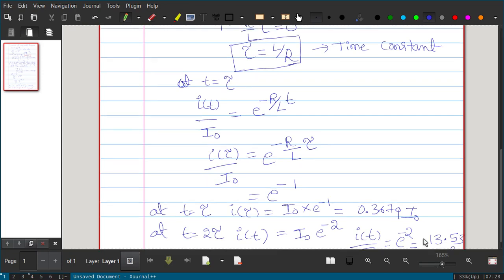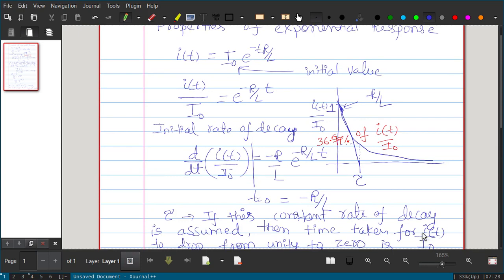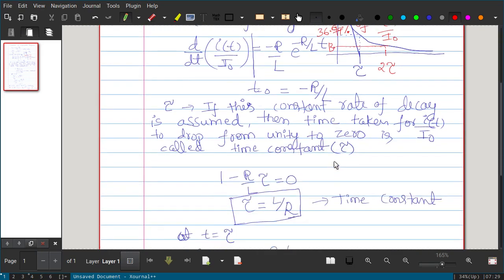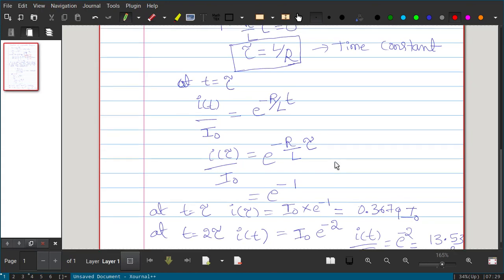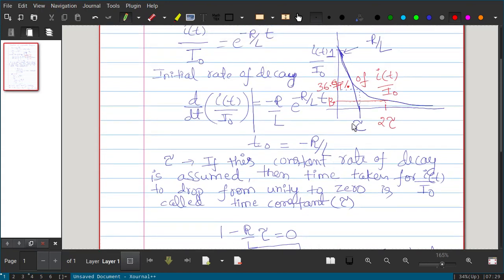So after 2 tau, the value will be 13.53%.